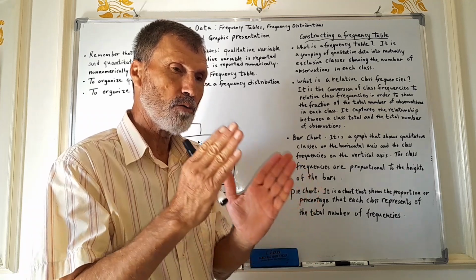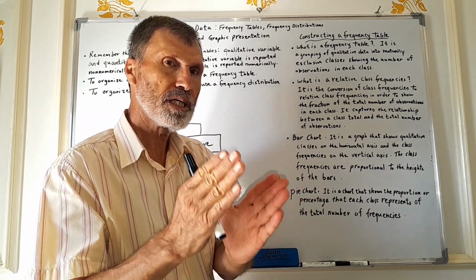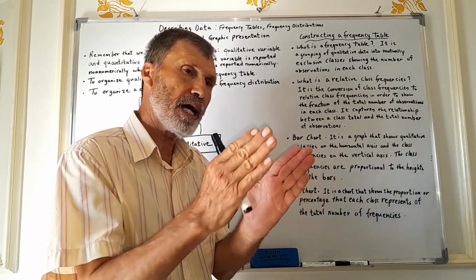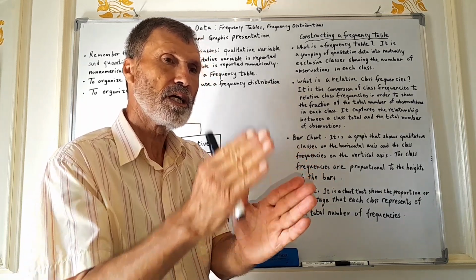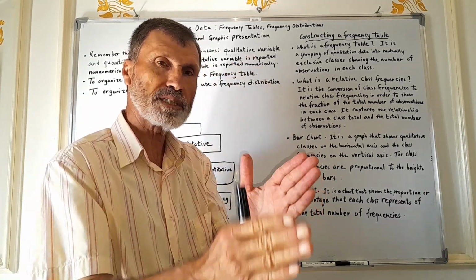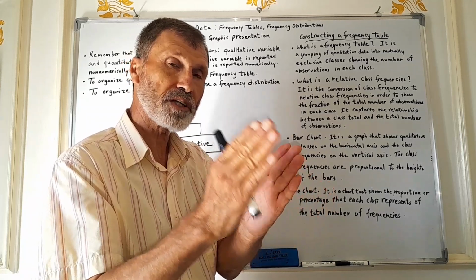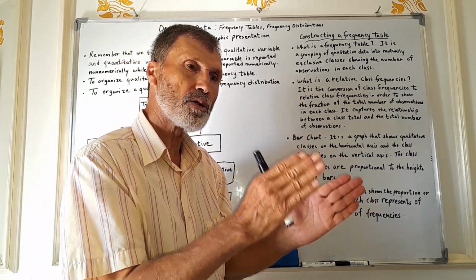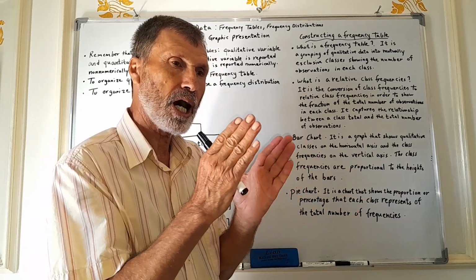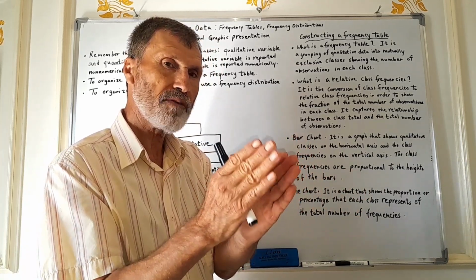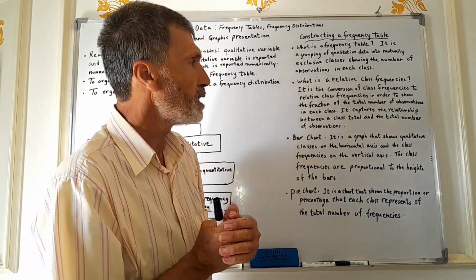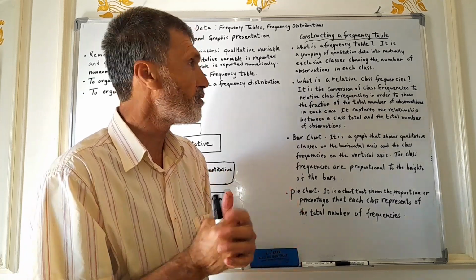In each class, we're going to see how many observations are located. That number of observations is called the frequency. So how many observations we have in each class, that's how we're going to construct a frequency table.